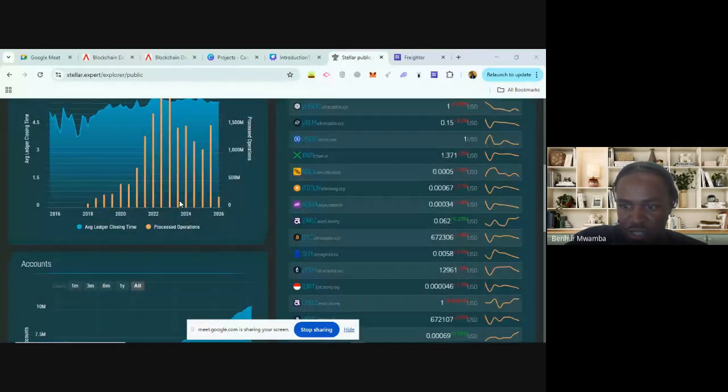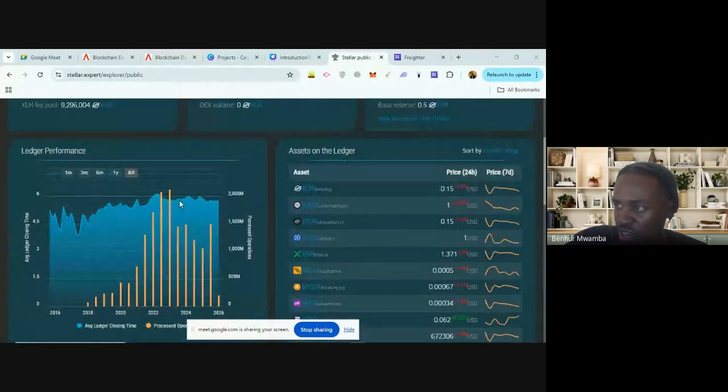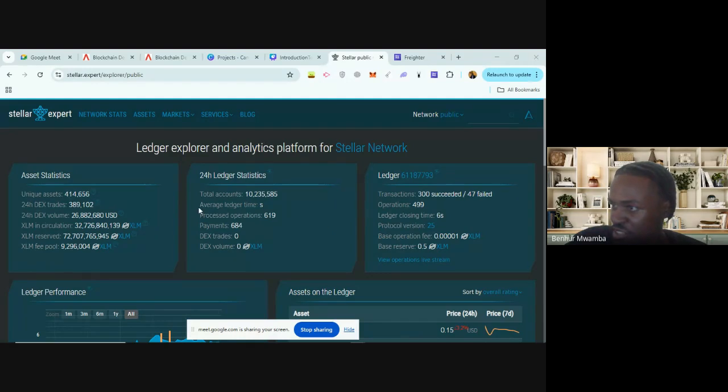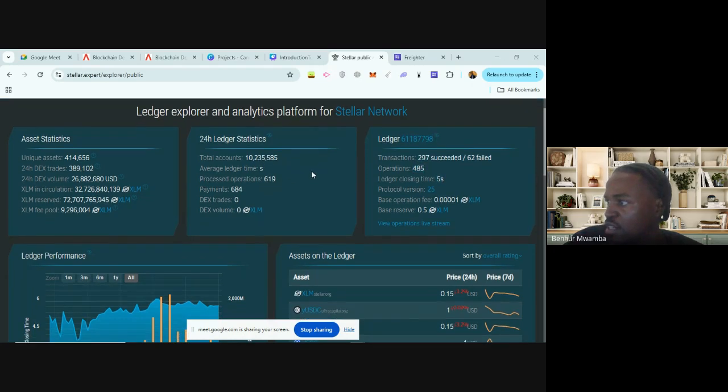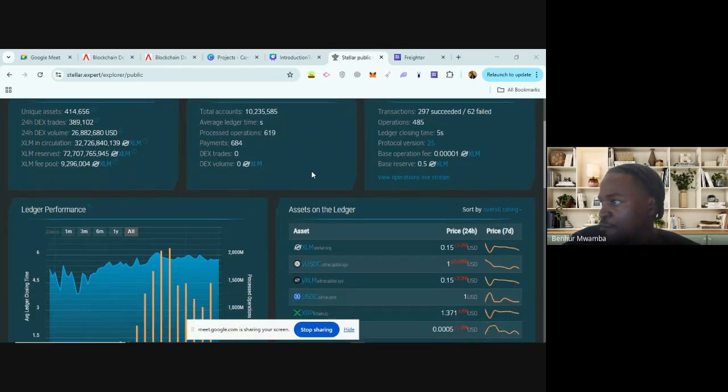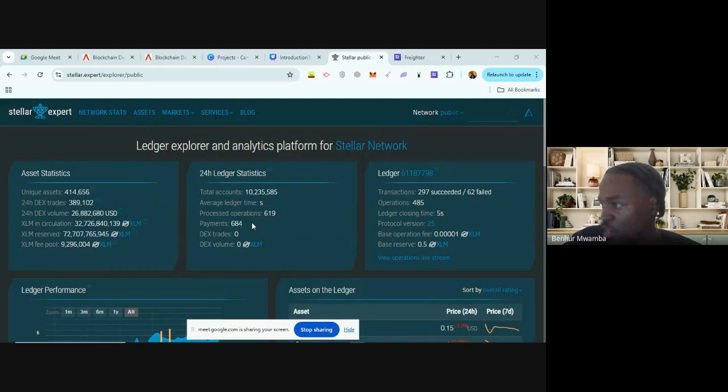Anybody can see all transactions, all the history of Stellar transactions. Here, for example, we can see how many trades happened within the past 24 hours, XLM circulation, and the total accounts. So total accounts, 10 million. This is the past 24 hours.